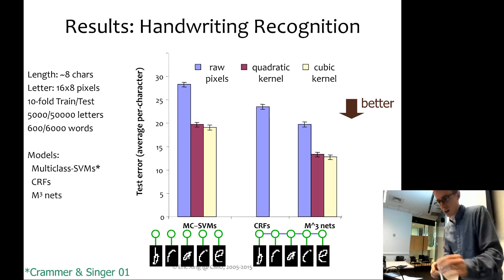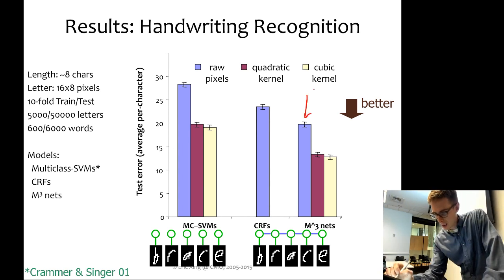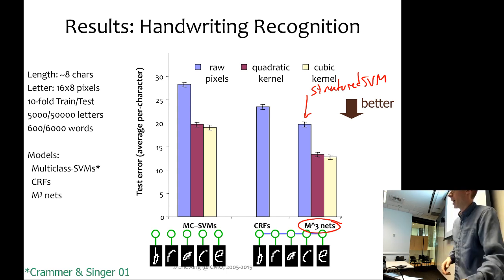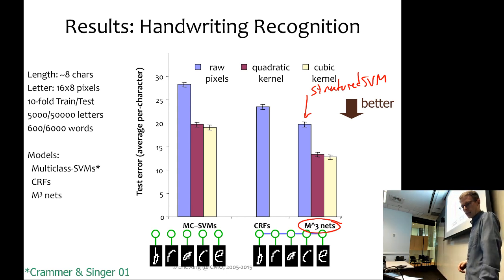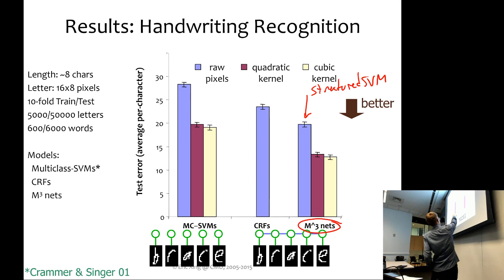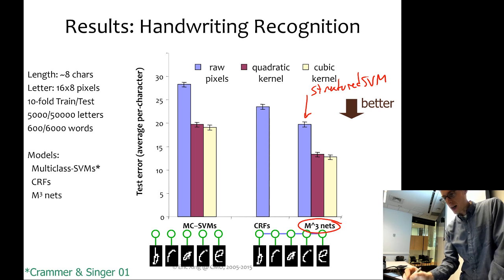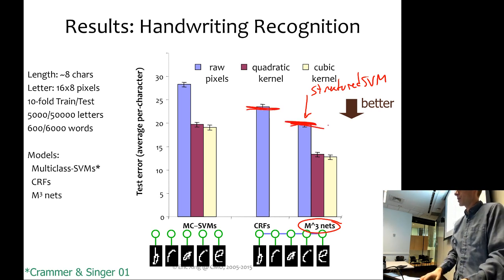Well, it turns out you could also do this, which is structured SVM, also called M3N. The structured SVM can also support kernels, so it can have the advantage of kernels inside it. But you'll also notice that even if you're not doing kernels, the structured SVM does outperform the CRF.